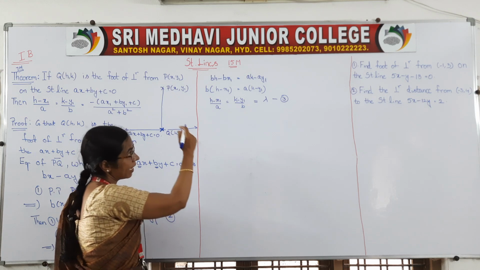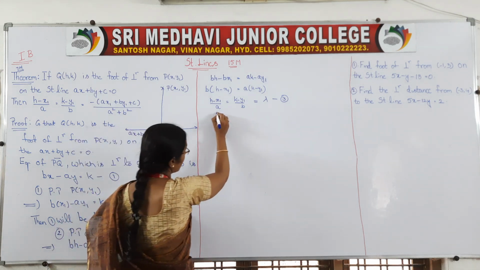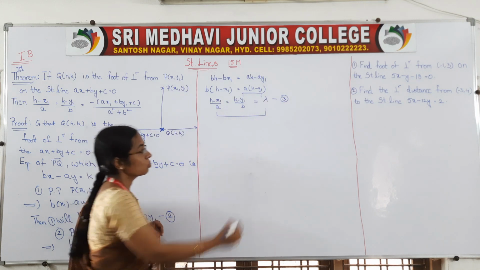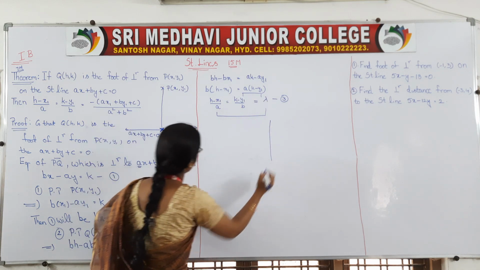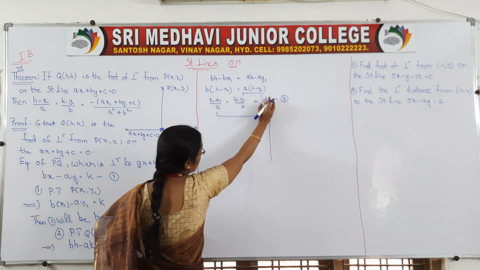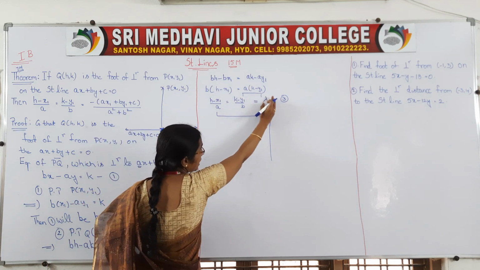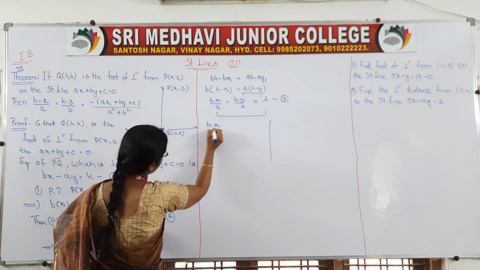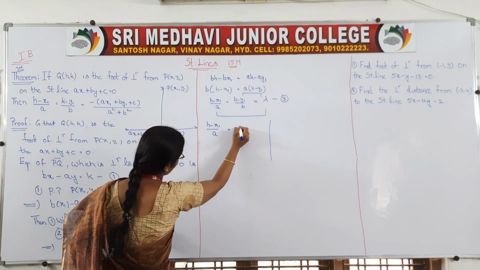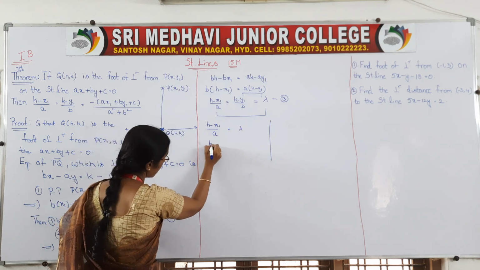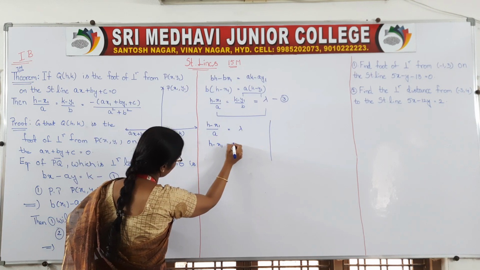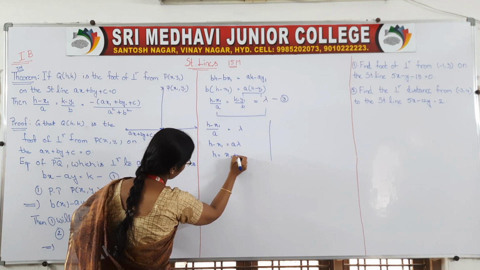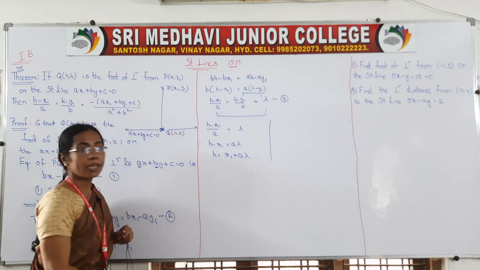Now we have to find h and k values. For that, once you equate these two, you will get your h and k values. That means the h term with the constant term, and the k term with the constant term, we will equate. So (h minus x1)/a is equal to lambda. So h minus x1 is equal to a lambda, h is equal to x1 plus a lambda. You got your h value.